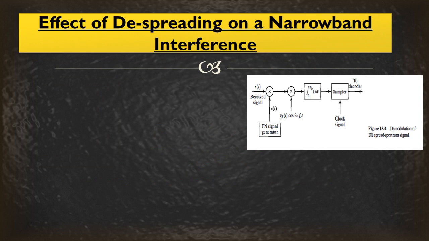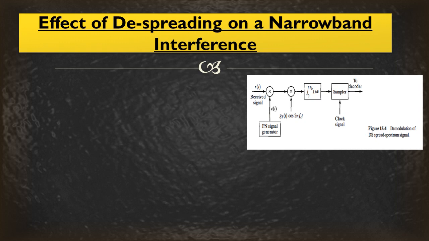Okay, now in the slide I am going to explain the effect of despreading on the narrowband interference. Despreading means here we get back the original message signal by passing the spread signal through this block diagram. Just look at this diagram. I have explained this block diagram in my previous video.